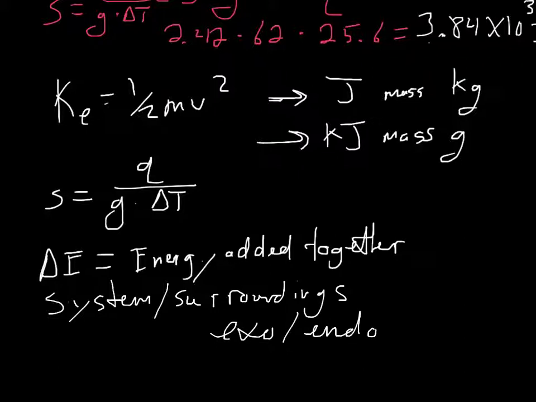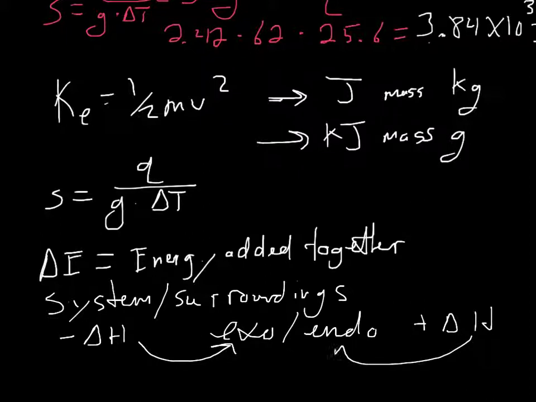If the system loses, it'll be a negative delta H and it would be exo. If the system gains, it's a positive delta H and it would be endo, and it would be gaining from the surroundings. So you have to watch those in those questions.